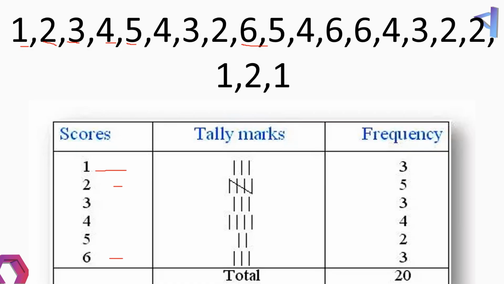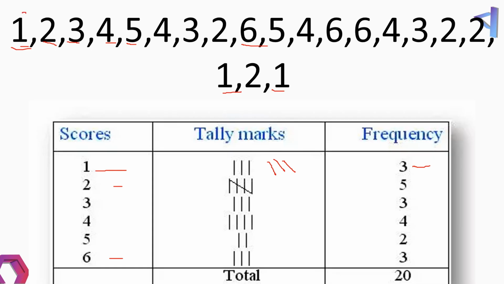Now, what most of the students do is they just count the number 1, 1, 2, 3, then write 3 here and make 3 lines here, and similarly for the other numbers. But this is not the right way to make frequency tables. What is the right way?